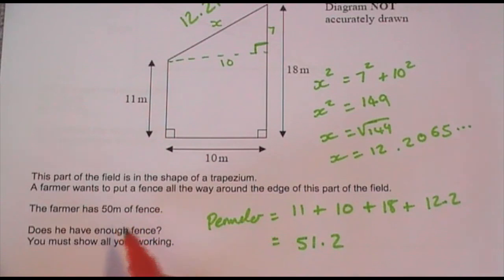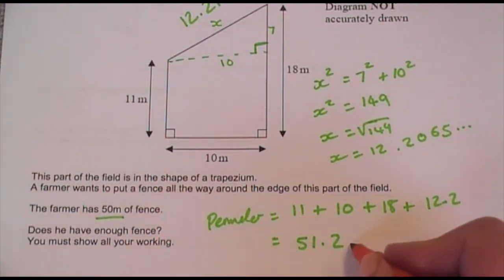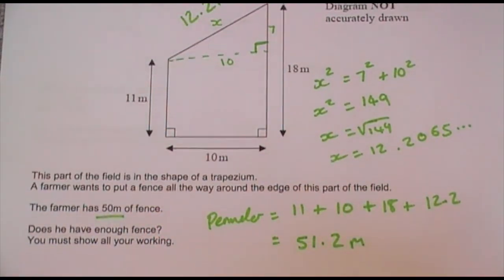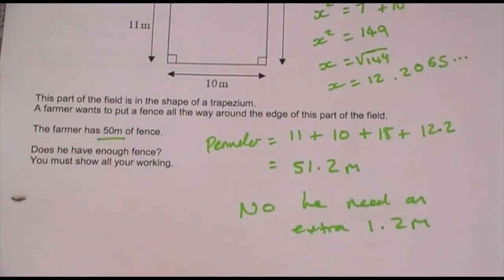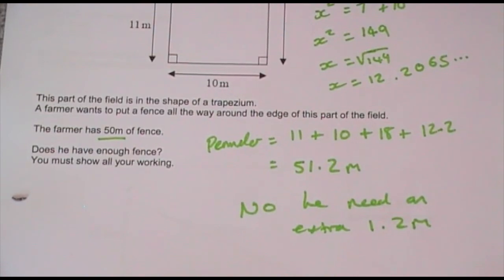The farmer had 50 meters of fence, and the perimeter of my field is 51.2 meters. Does he have enough? No. He needs an extra 1.2 meters. Okay, so he doesn't have enough. That was Pythagoras in a problem.